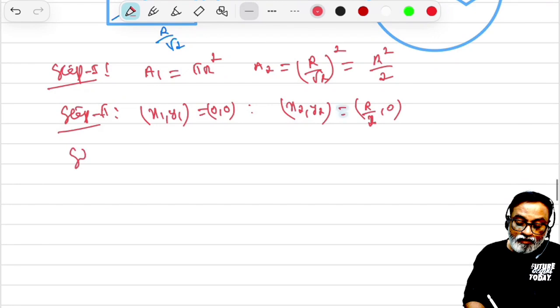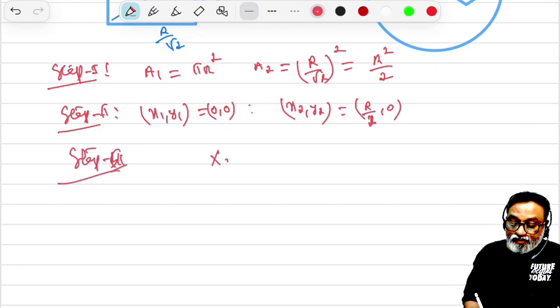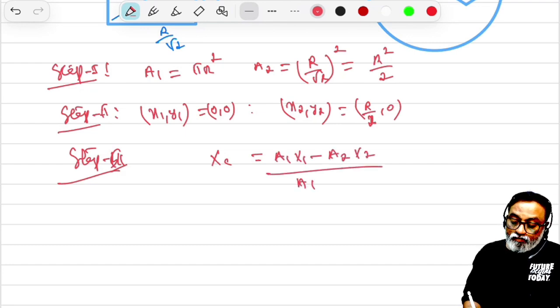Then step 3. Step 3, we have to use the formula xc is equal to a1 x1 minus a2 x2 by a1 minus a2. a1 means pi r square. This is 0.